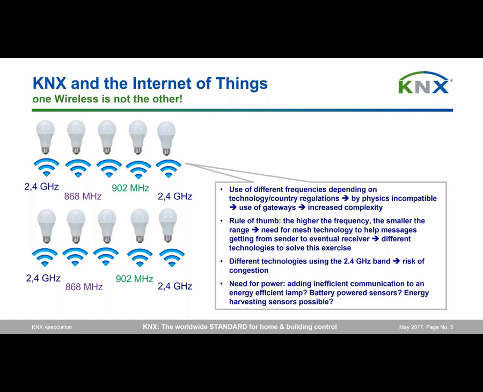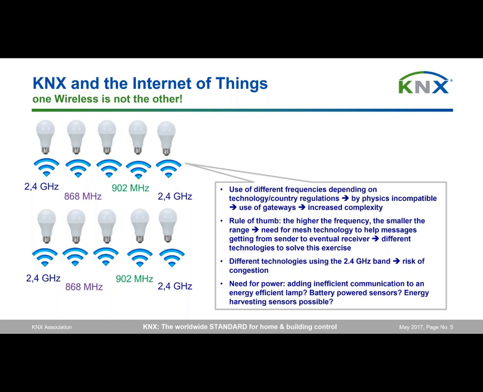In some countries, a certain frequency can simply not be used because it's not permitted in that particular country. So if you use different frequencies, then by physics, these different solutions are not able to communicate. So you would need gateways to make them talk to one another.